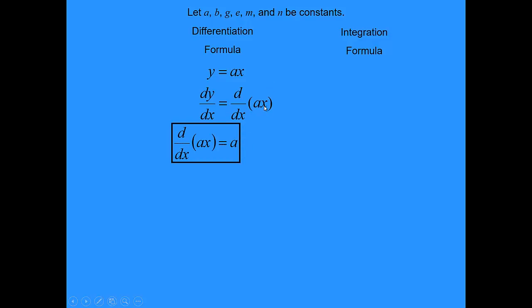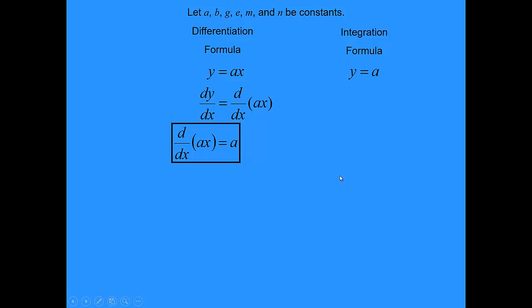Remember, to do a derivative, you subtract one from the exponent and divide by the exponent. Sorry. So dividing by 1 is 1, and then subtracting 1, you get x to the 1 minus 1, which is x to the 0, which is a 1. So you get a.